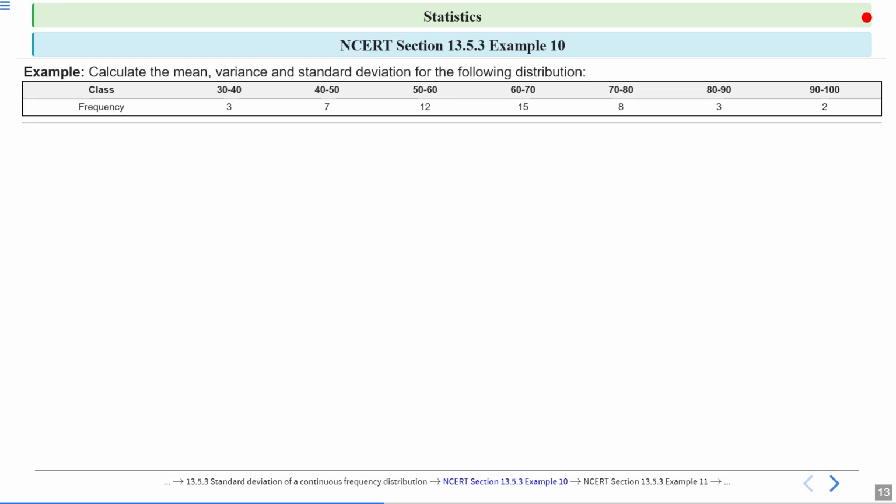Now, let's look at example 10. So let's examine our grouped frequency distribution and see how to find the mean, variance and standard deviation of the following distribution. Okay, so the table shows class intervals like 30 to 40, 40 to 50 and so on, and in second row it shows frequency 3, 7, 12, 15, 8, 3 and 2.